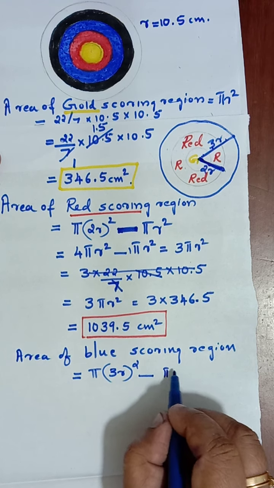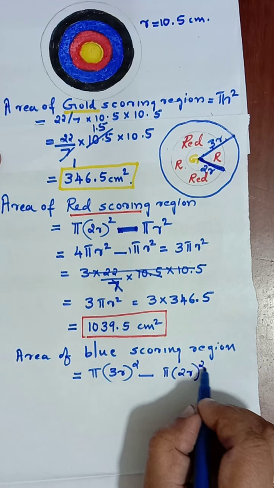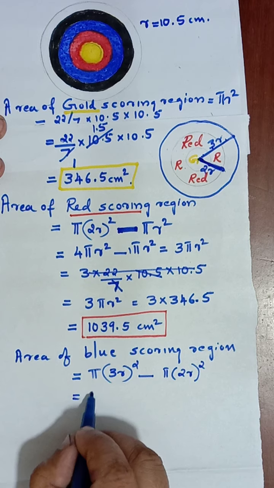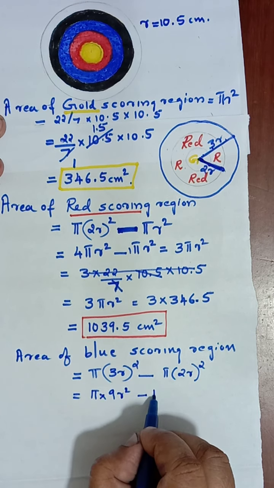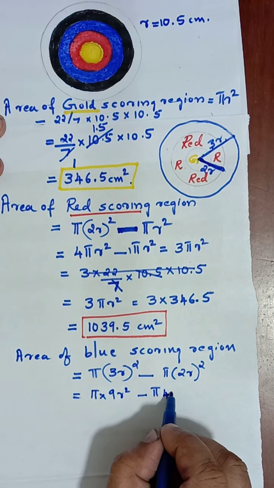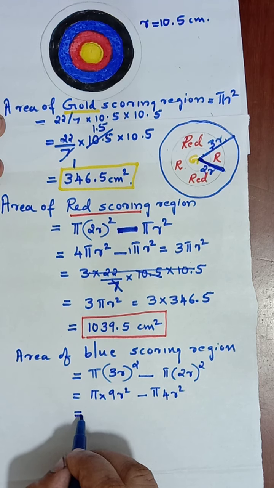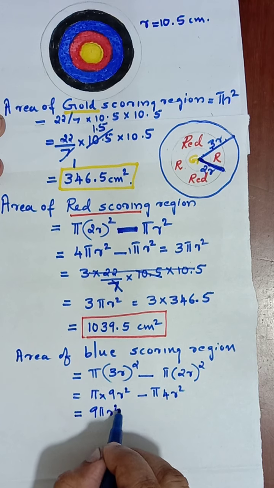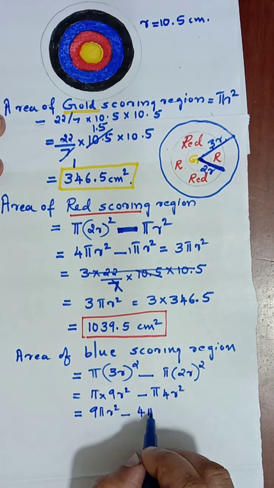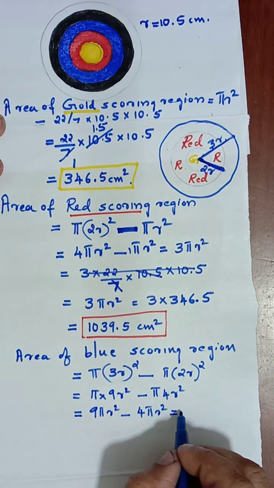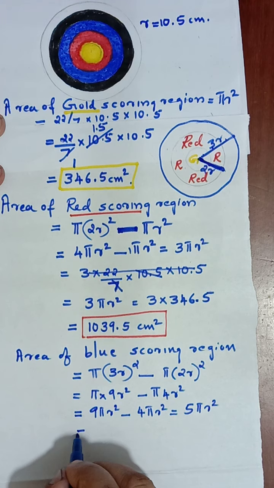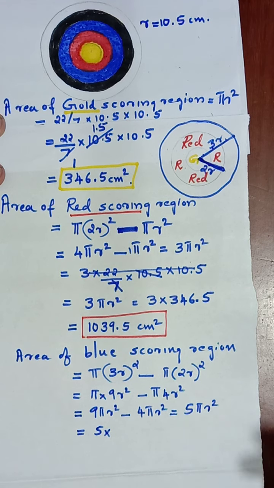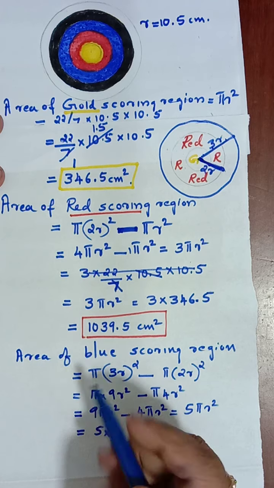So pi into 3r square is 9 pi r square minus pi into 4r square, that is written as 9 pi r square minus 4 pi r square. 9 minus 4 is 5 pi r square. That's equal to 5 into pi r square value, which we have as 346.5 cm square.